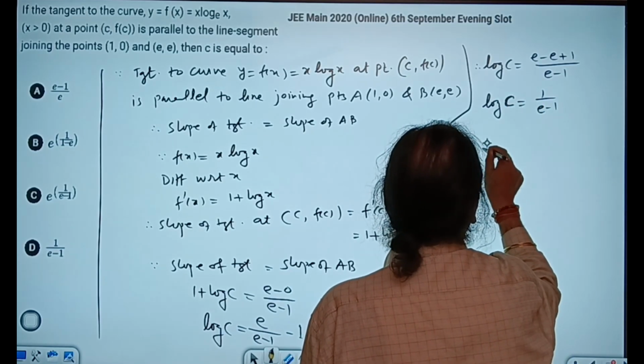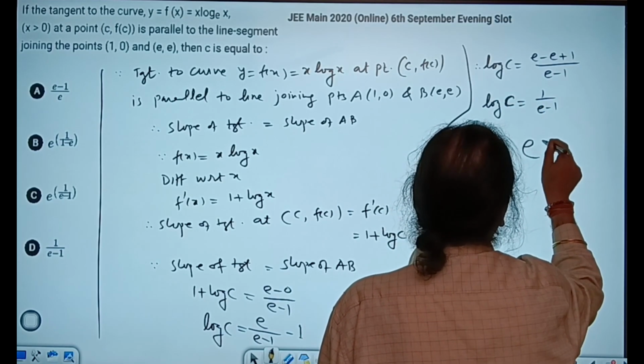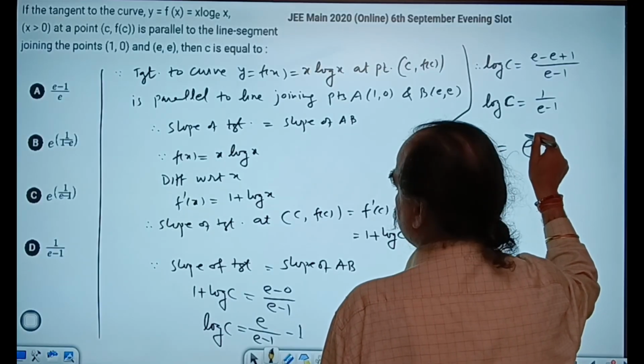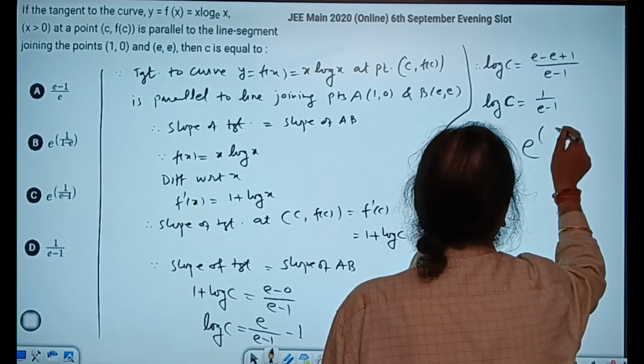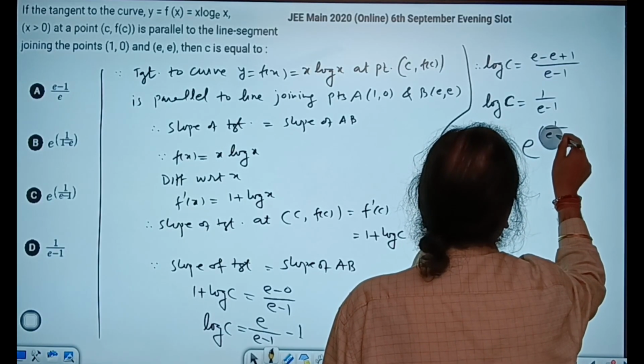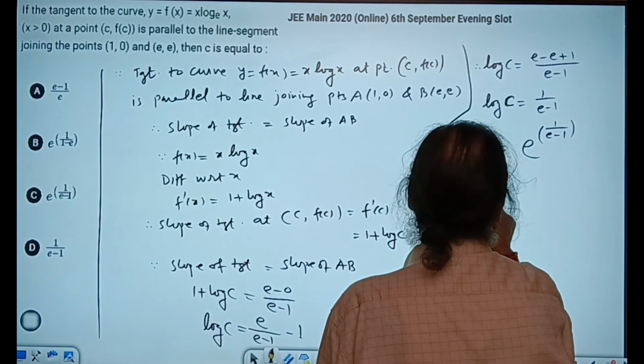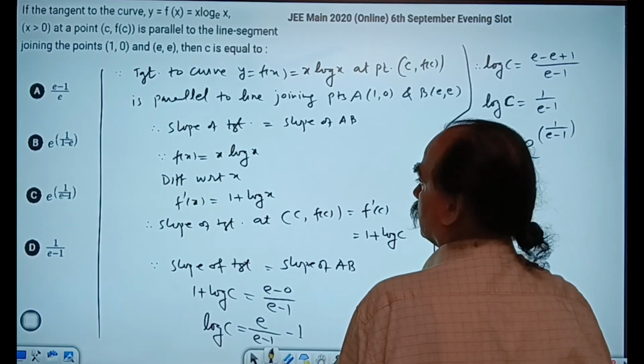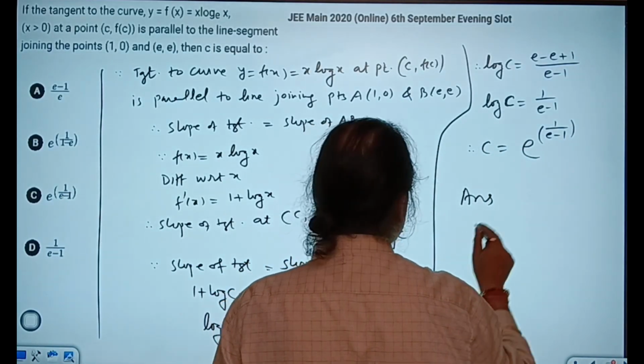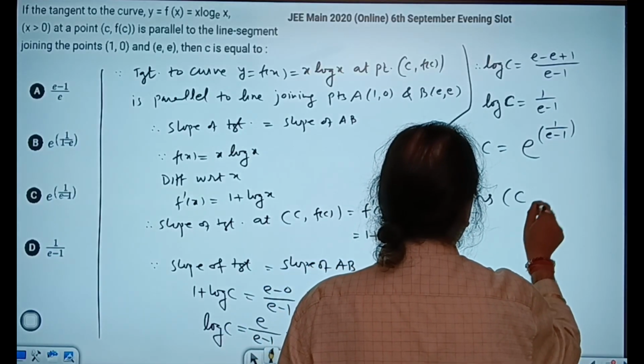So c is e raised to 1 upon e minus 1. The answer is C.